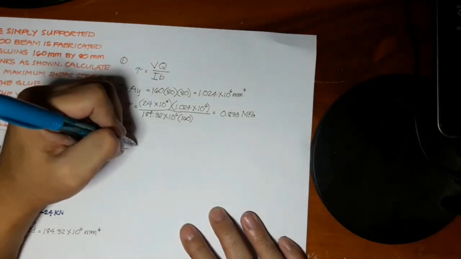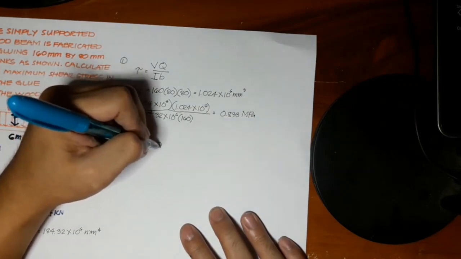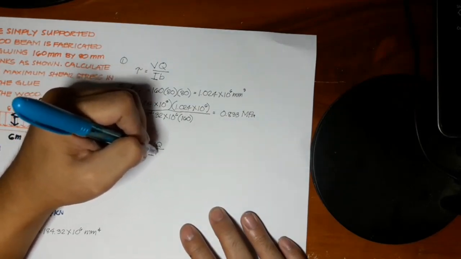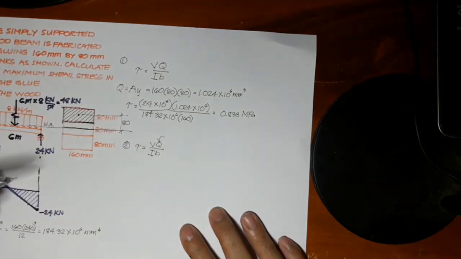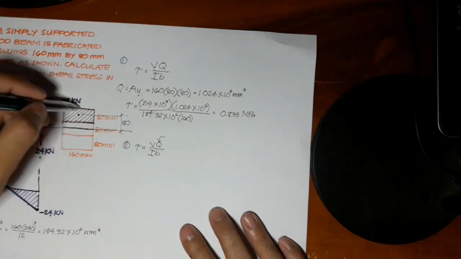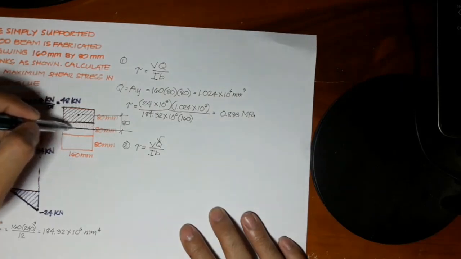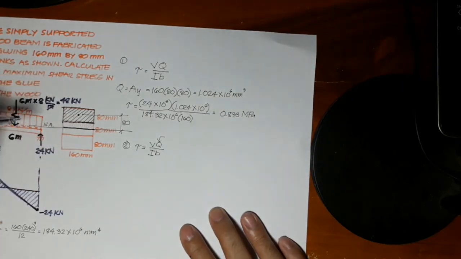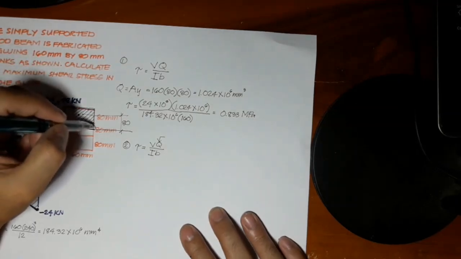Using the formula again, tau is VQ over IB. But this time, your Q will be different because you are now considering the area above where you want your stress to be found. So you now consider this entire area.